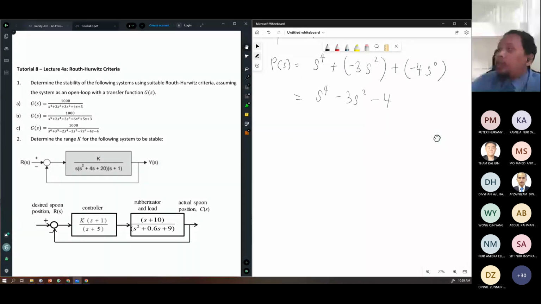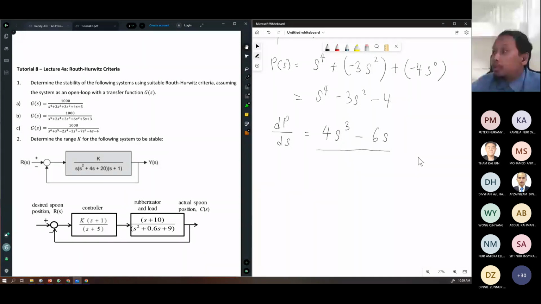And then from here, you need to differentiate P with respect to S. So you get 4S cubed minus 6S. Then you use this as a replacement for row S3.